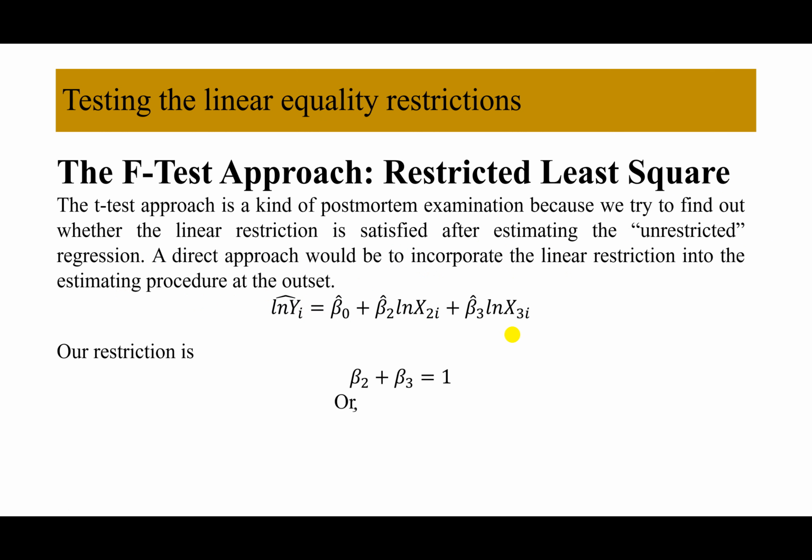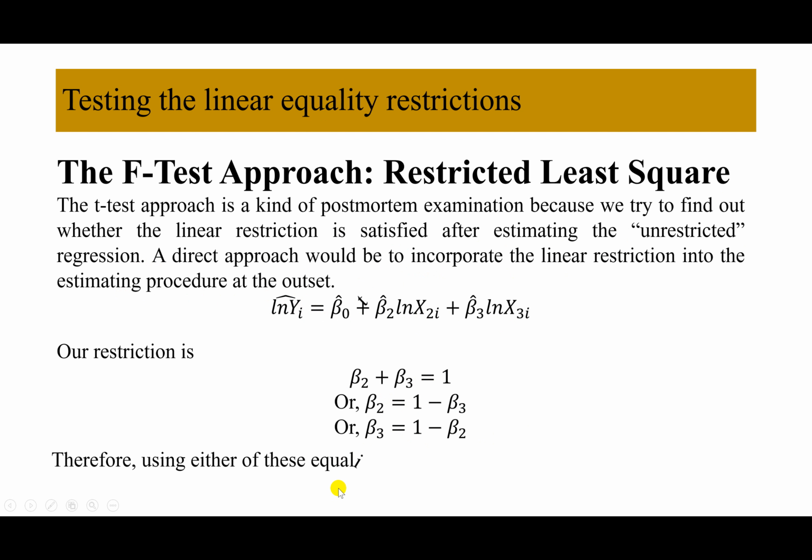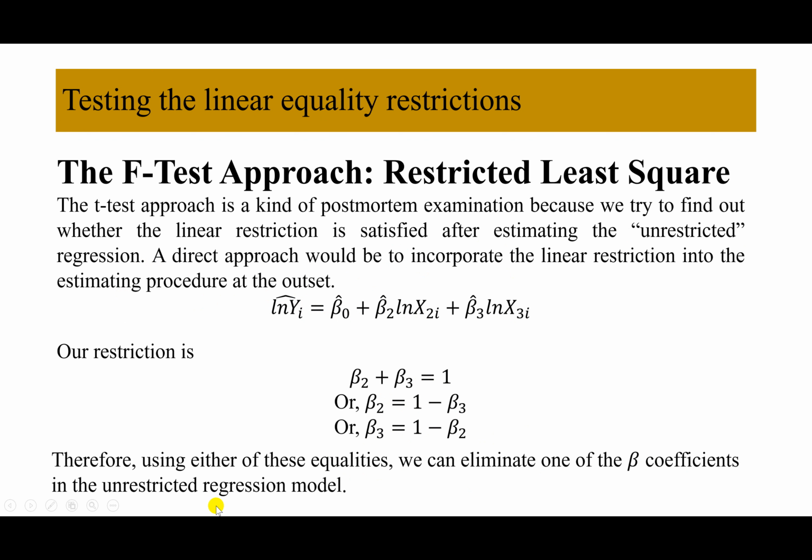Our restriction is beta 2 plus beta 3 equal to 1, or beta 2 equal to 1 minus beta 3, or rearranging this expression, beta 3 is equal to 1 minus beta 2. Therefore, using either of these equalities, we can eliminate one of the beta coefficients in the unrestricted model.